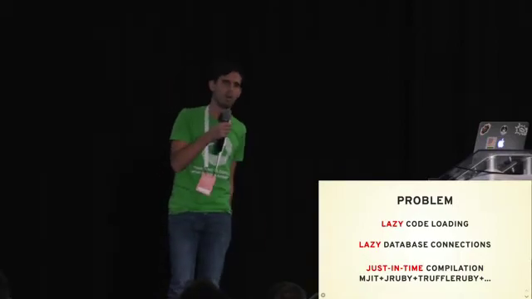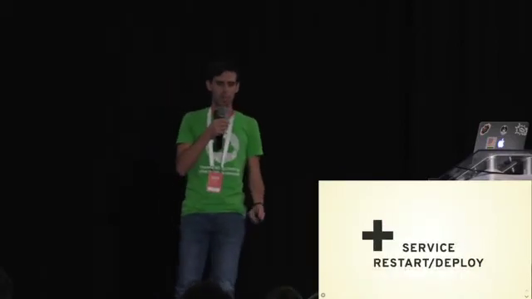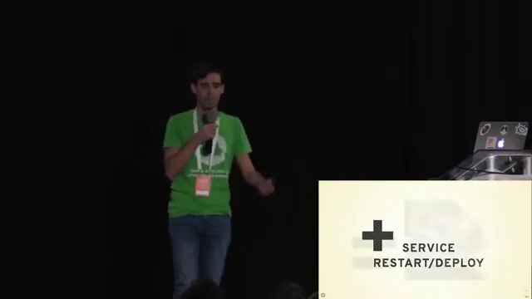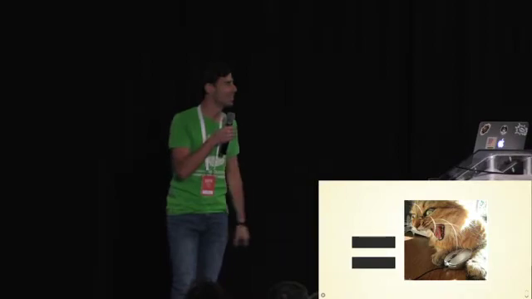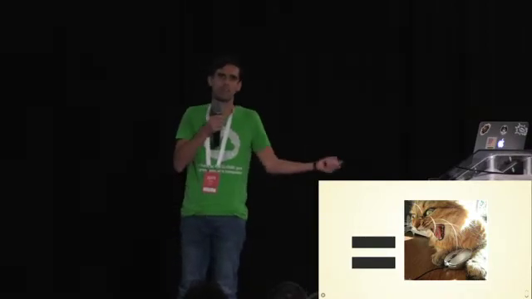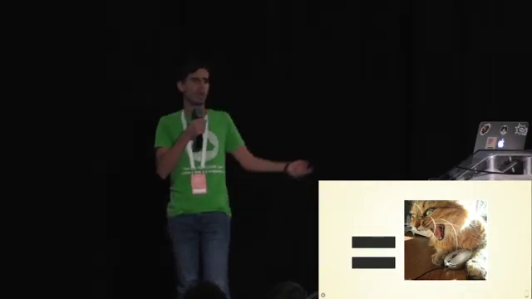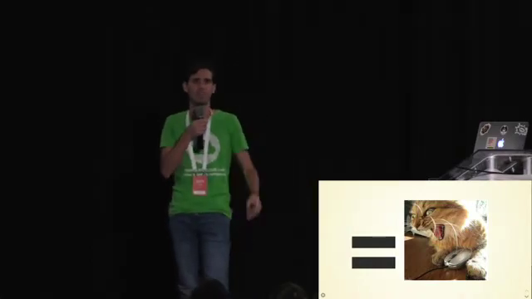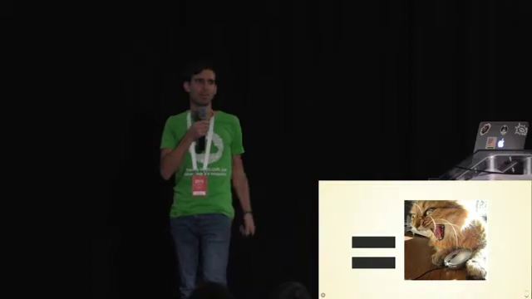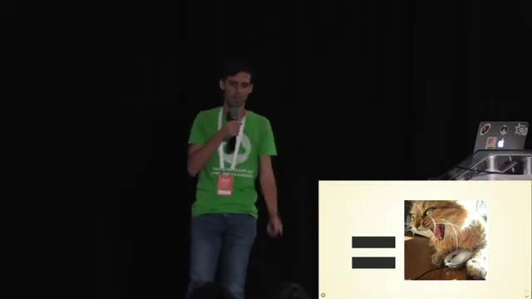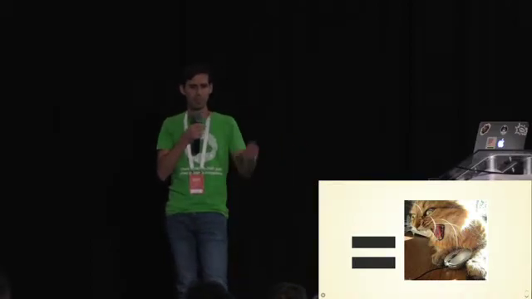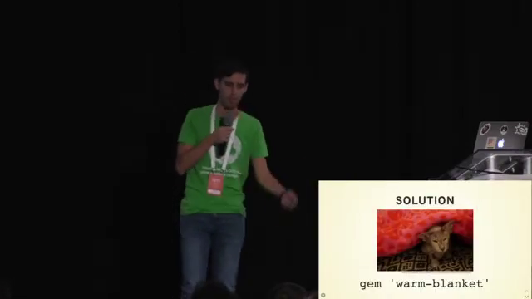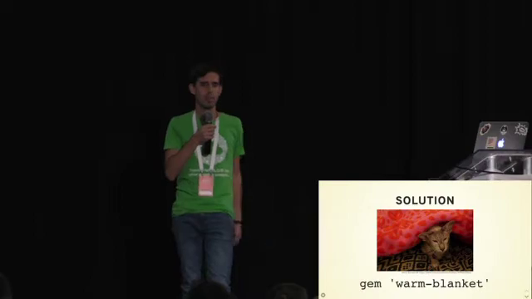You'll have a problem there because when you restart or deploy your service, your users will be like this, and they will not be very happy because your app will be randomly slow at random times, and if you have multiple servers, then someone's going to get lucky all the time, basically.